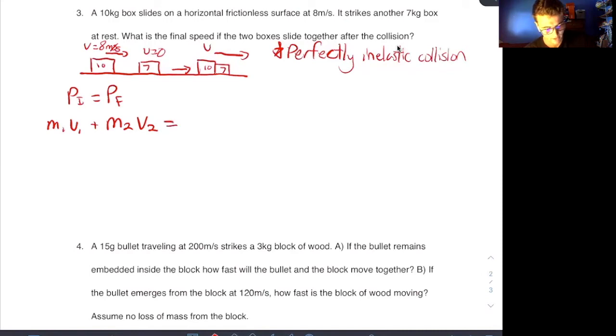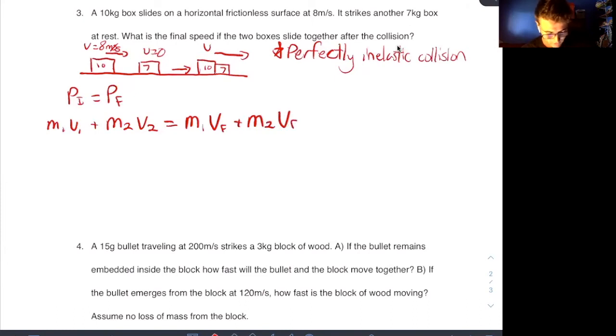And then the final momentum, we have mass 1, the 10 kilogram object, and it is going at a final velocity that is equal to the mass 2, which is a 7 kilogram object.